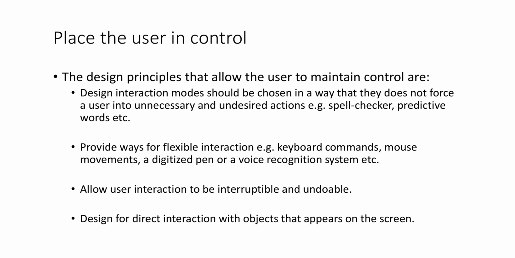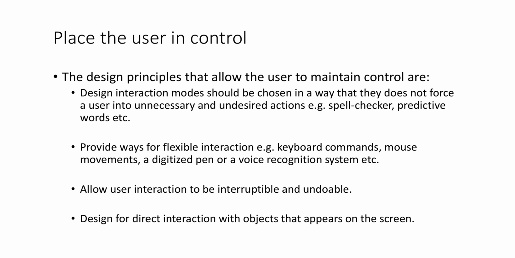Suppose you are using a mobile phone and typing a message using your keypad, and you have a spell checker. You know that you have a predictive word or spell checker option. Now this predictive word or spell checker is designed to assist you.